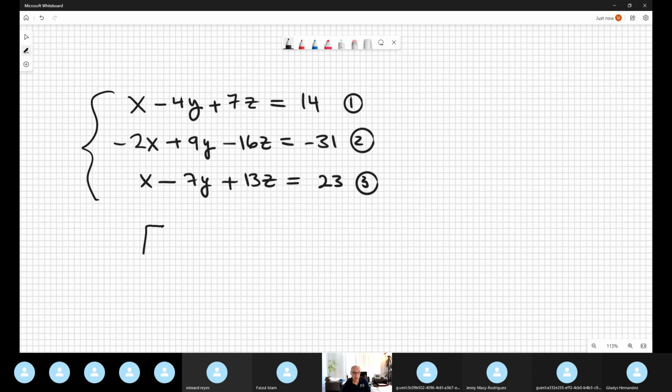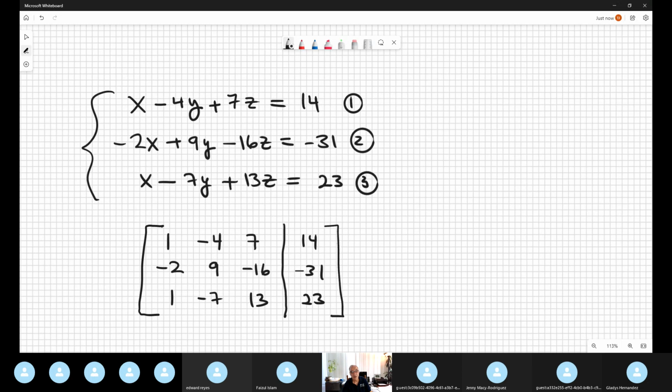I set up my augmented matrix, which is the combination of coefficients in front of the variables, and put the vertical line for the right hand side: 1, -4, 7, 14; -2, 9, -16, -31; 1, -7, 13 and 23. By the way, this matrix is 3 by 4 because we have 3 equations and 4 columns because of the extra column of the right hand side.